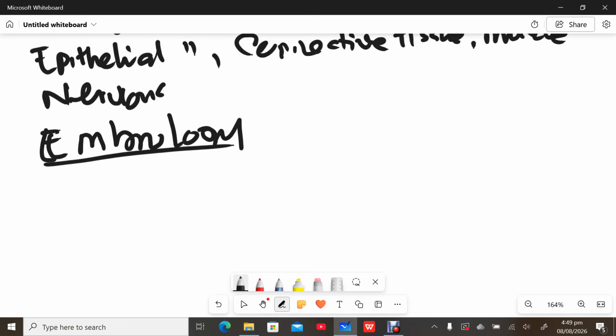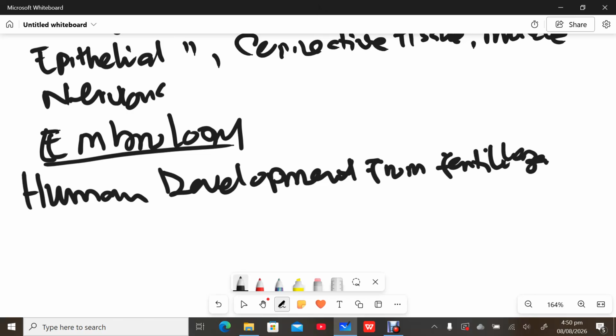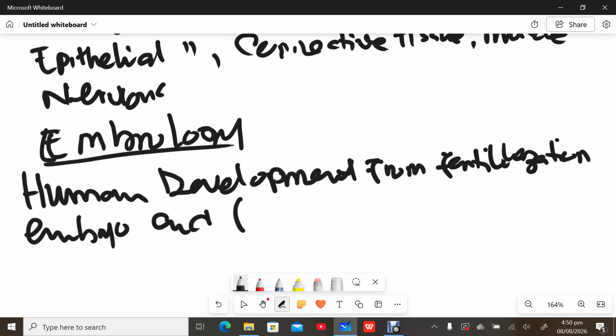Embryology simply deals with human development, from fertilization, then through the development of the embryo and the fetus.